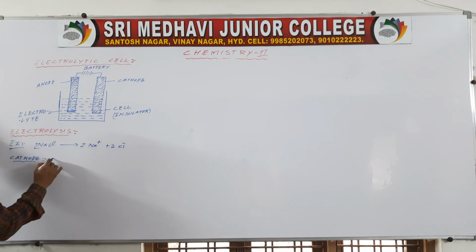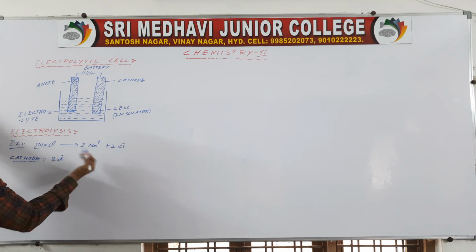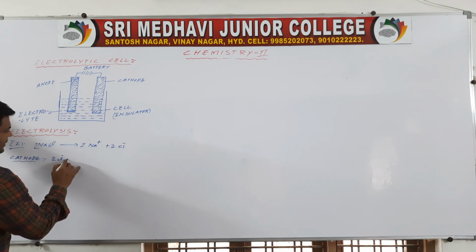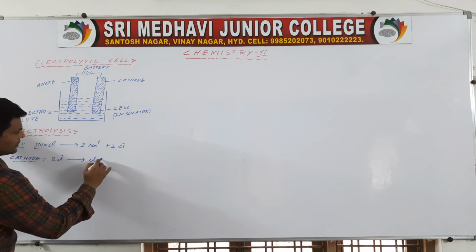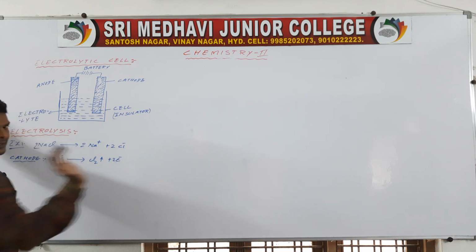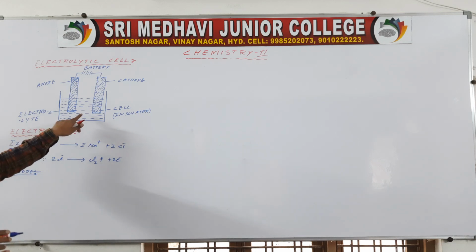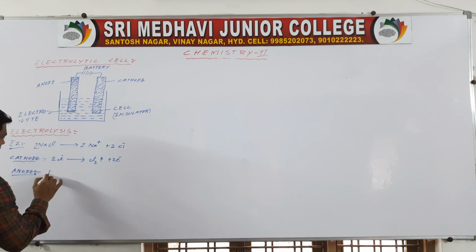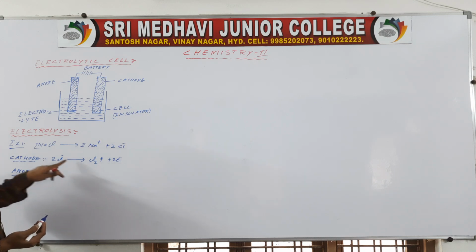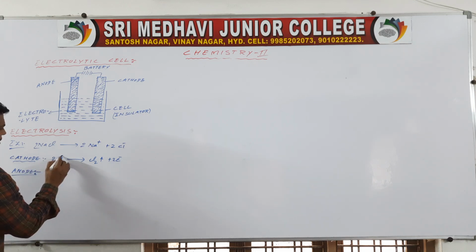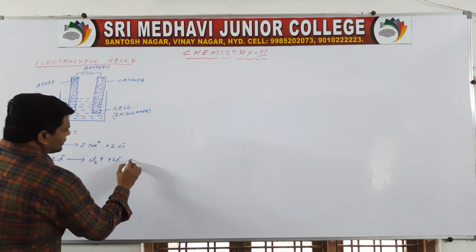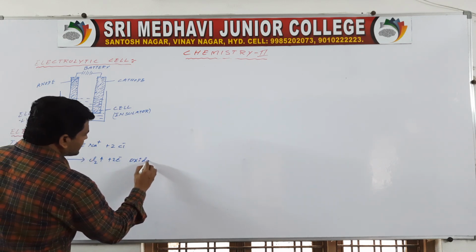At the anode, 2Cl minus attracts and then gives rise to Cl2 gas and releases 2 electrons. Okay. Then the cathode reaction I am writing. This NaCl contains water, H2O, where oxidation state changes from minus 2 to 0. It is nothing but oxidation.